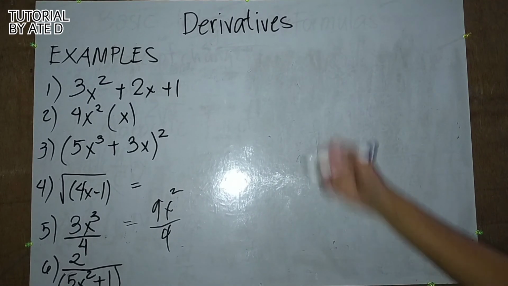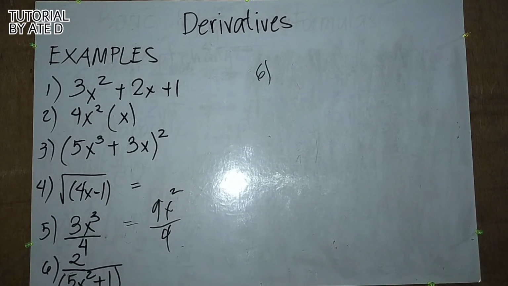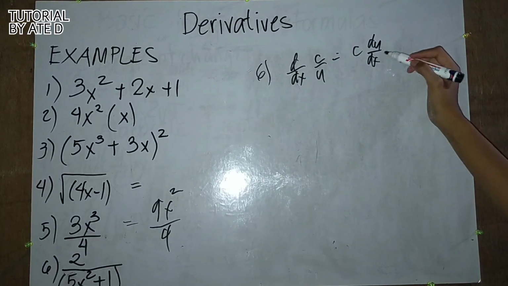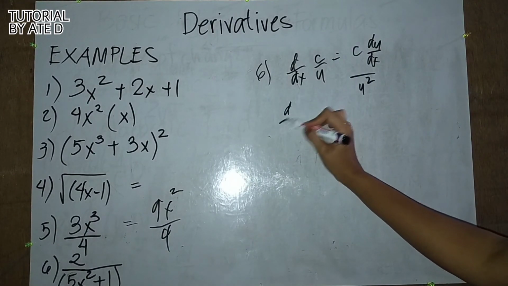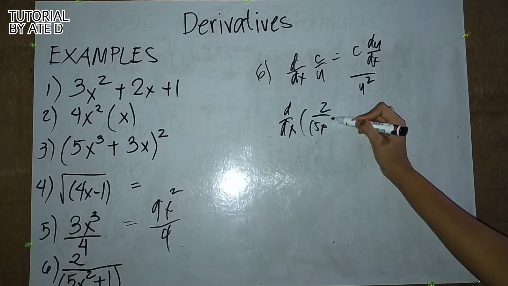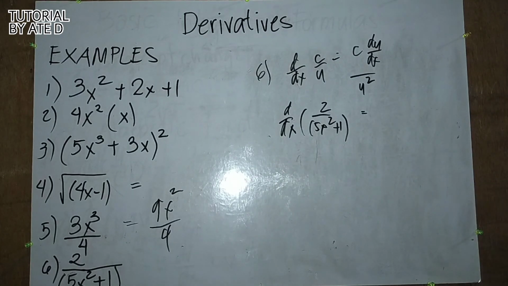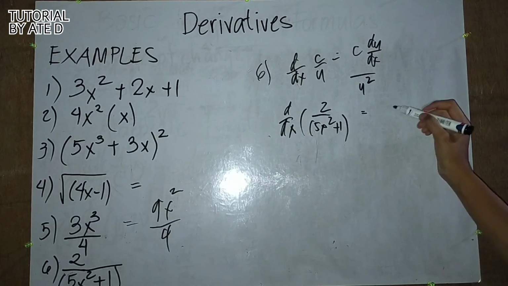So, for the last number, ang gagamitin din natin dito ay derivative of a quotient involving ng constant at function ulit. Ang gagamitin na lang natin dito is yung formula na given kanina. Plugging in 2 over 5x squared plus 1. Ayan. So, kokopyahin lang natin yung c, which is 2.